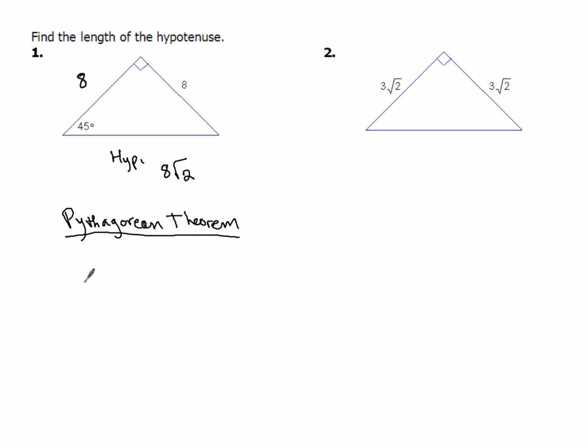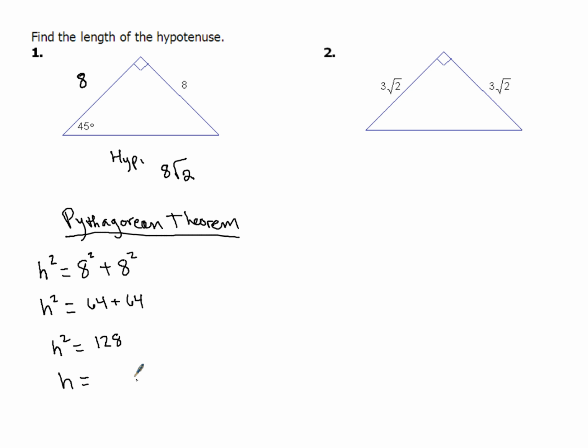You're going to have 8 squared plus 8 squared. Those are my two legs. And then the hypotenuse, I don't know what that is, so I'm just going to call that h for hypotenuse. So h squared equals 8 squared plus 8 squared. Well, 8 squared I know is 64, plus another 64. If I find their sum, I get 128.